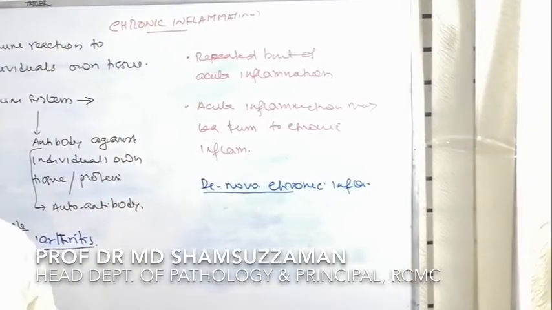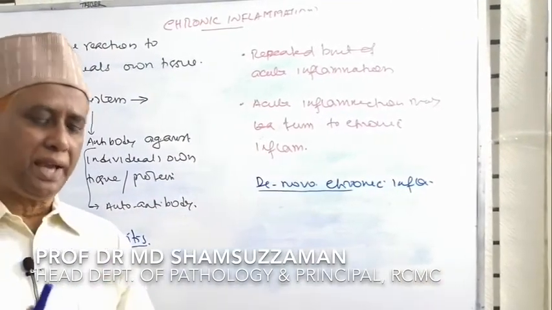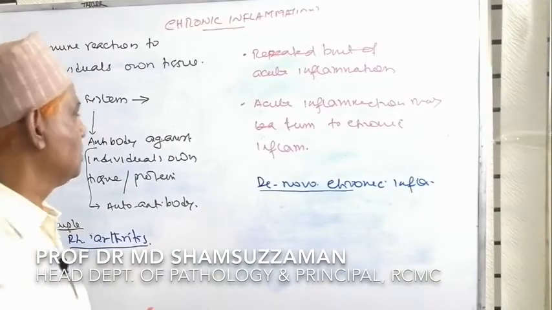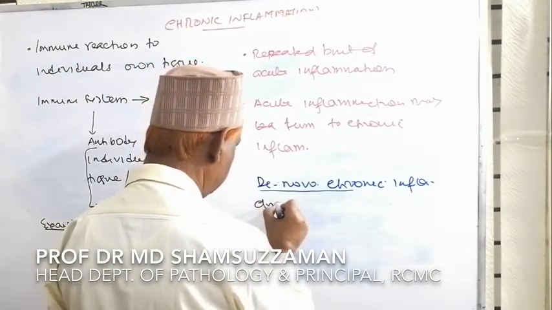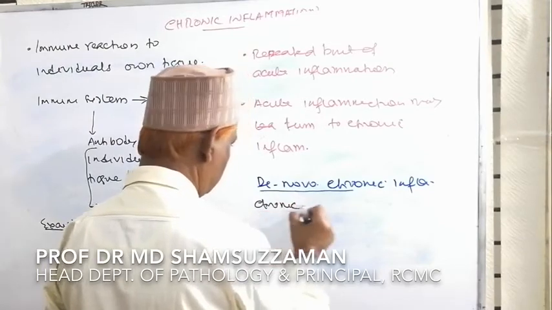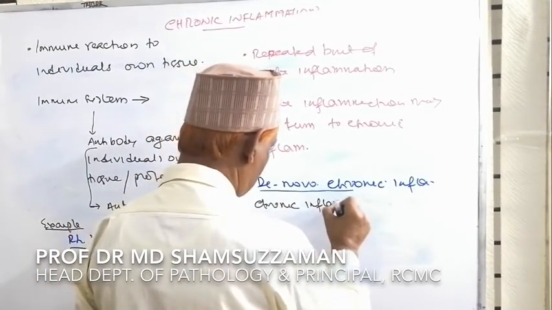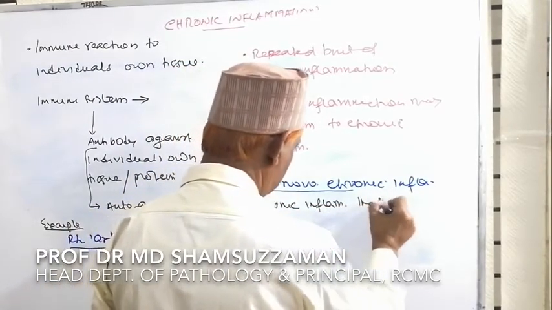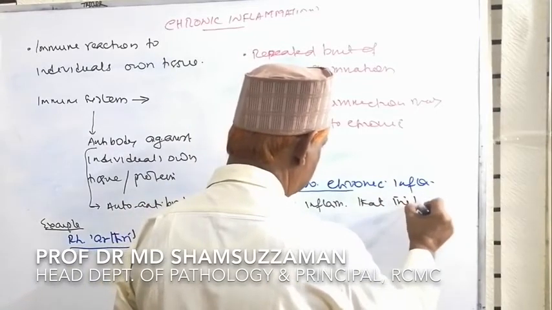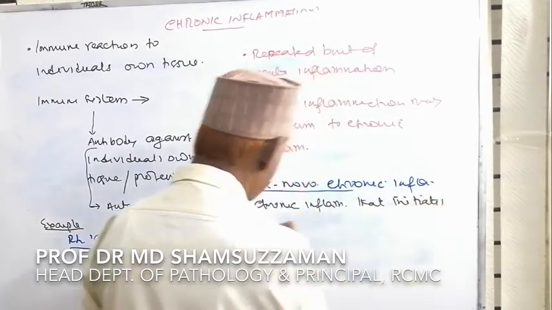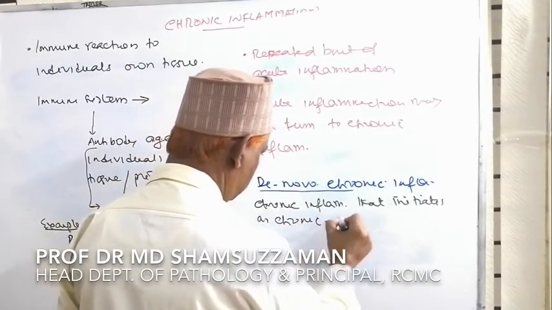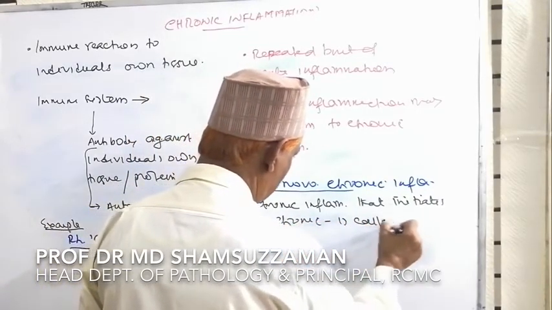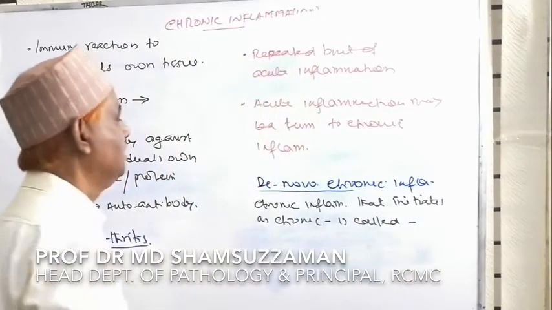The chronic inflammation that initiates as chronic is called de novo chronic inflammation.